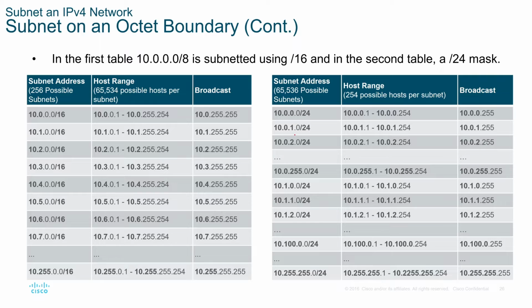Here, they're going to use the third octet. So they're using the second octet to indicate a range or a host range, and then they further subnet it using the third octet. Now each group would have 254 possible hosts.